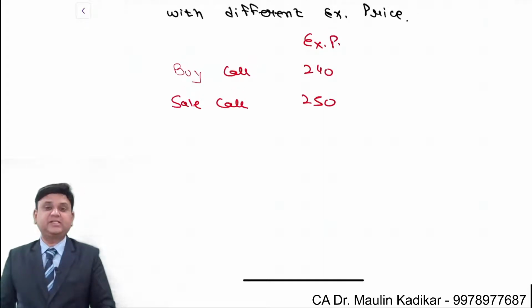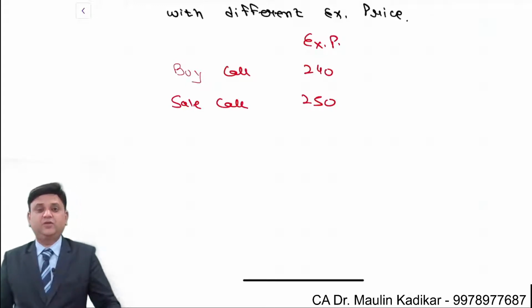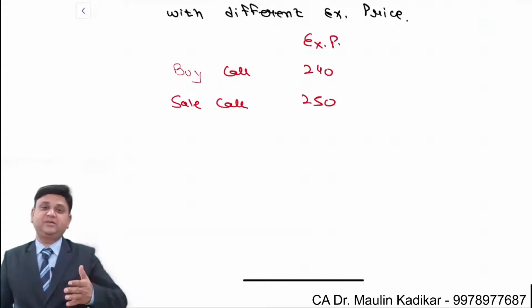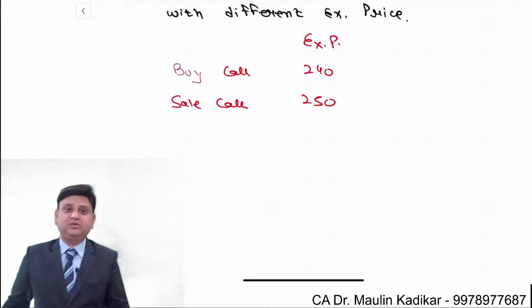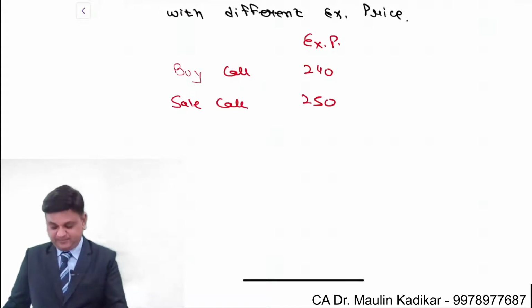Now for the different exercise price, taking into account the payoff of both of them, premium of both of them, we are required to make the calculation of the profit or loss. We understand that we are expecting the price to go up. So the option which is having the more chances of exercisation, and the situation in which both options are worth exercising, the option which is going to give more amount of the payoff will be purchased.